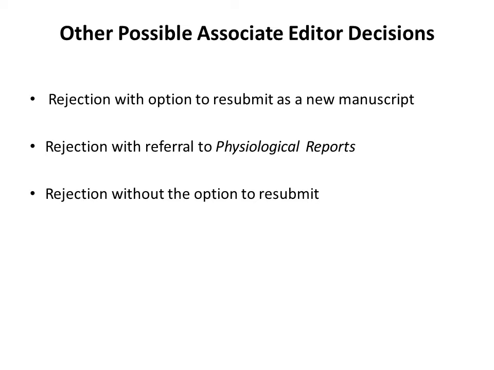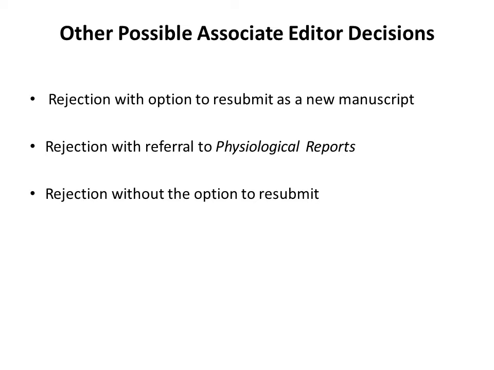Another potential decision on a paper is to reject with referral to Physiological Reports. This is a sister journal with the Physiological Society of Great Britain and is an online open access journal.